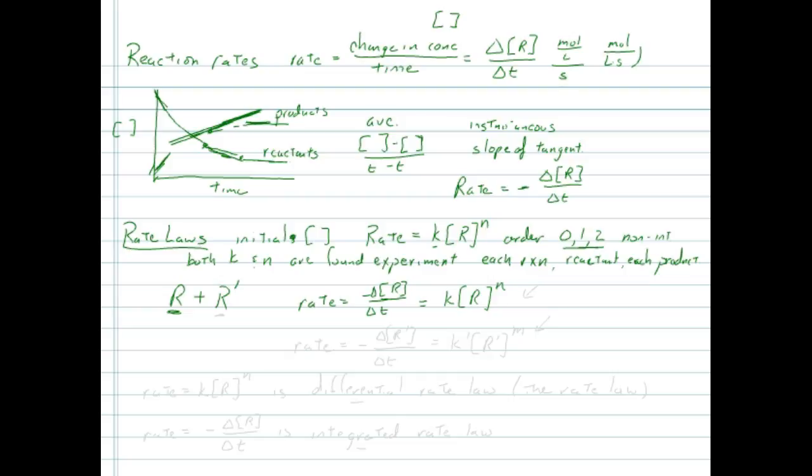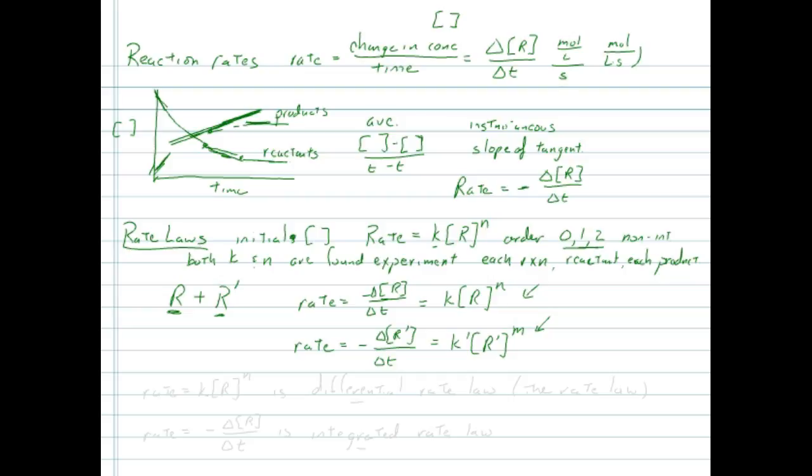If you are looking at R prime, the rate would be the negative change in R prime concentration divided by time, and that would be a different constant, times the concentration of R prime to the m, a different order. So if you have two things reacting together, you have to set up two different experiments in order to calculate it out.